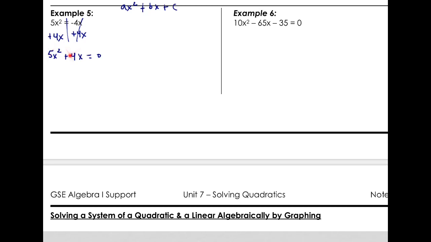Okay, 5 is a prime number. 4 can't divide into that, neither can 2, 3, 1, or anything like that. They both do have an x in common. And so when you have a variable in common, you take the one with the smallest exponent. Hopefully you guys remember all that. So x, then we have our parentheses, set equal to 0.